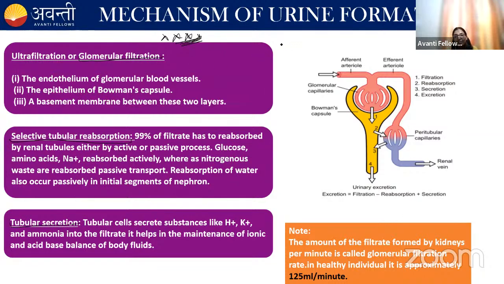First is glomerular filtration. This is a blood vessel. This is a Bowman capsule. So the components from the blood will first pass this layer, the glomerular blood capillary.